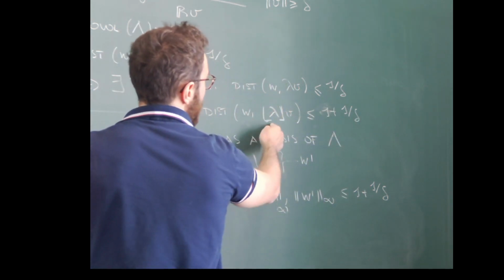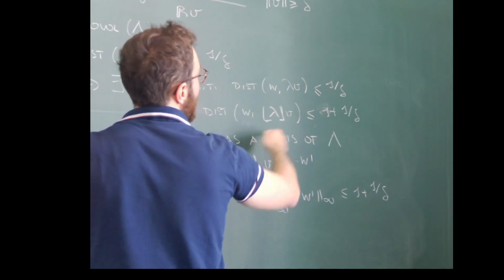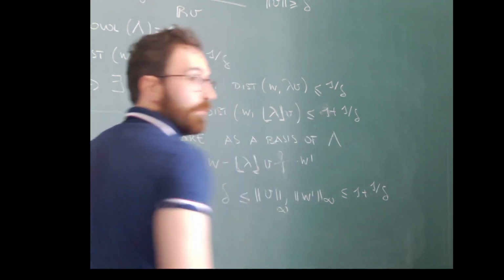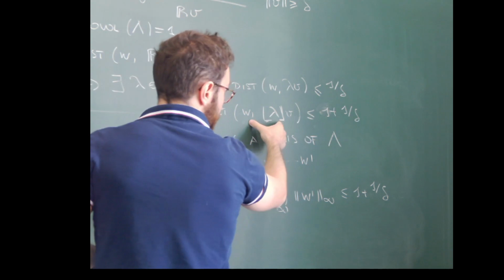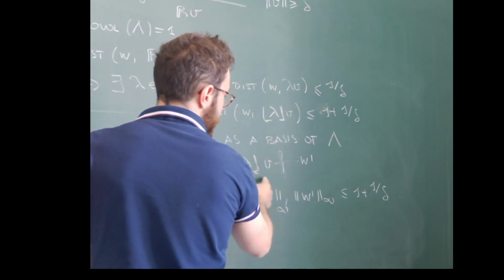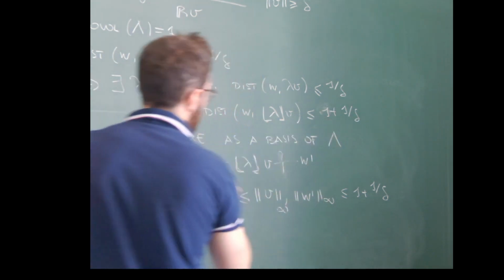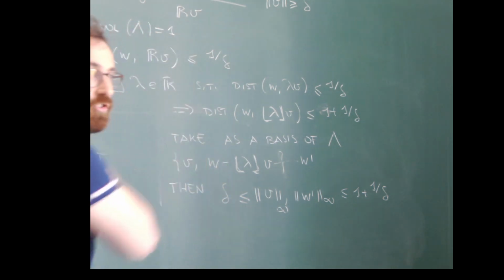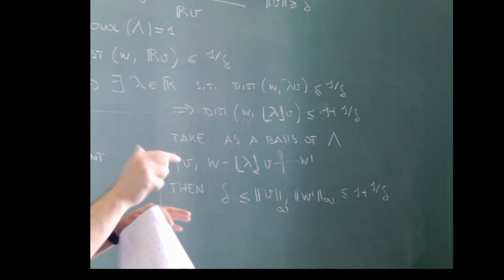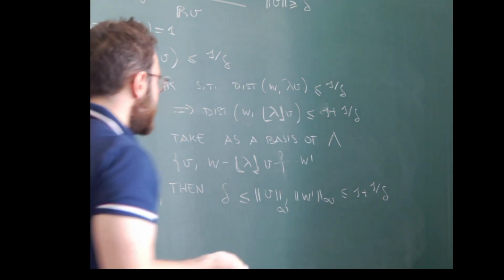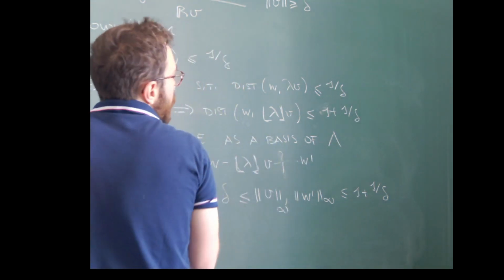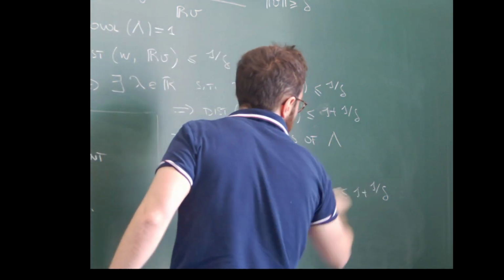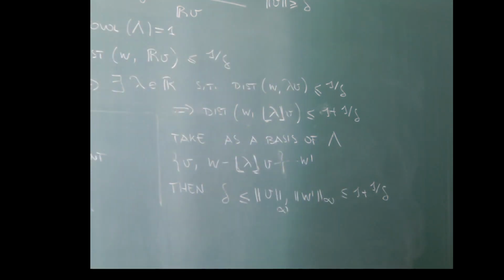So if you subtract this, you get something of length at most 1 plus 1 over delta. So the length of this second vector is at most 1 plus 1 over delta. And the length of V, we chose V to be inside this square. So both the lengths of these vectors are less than 1 plus 1 over delta.